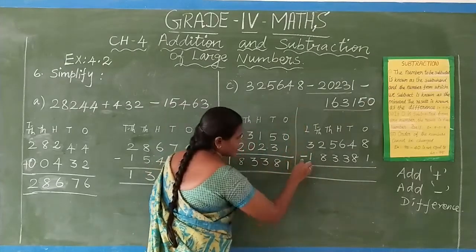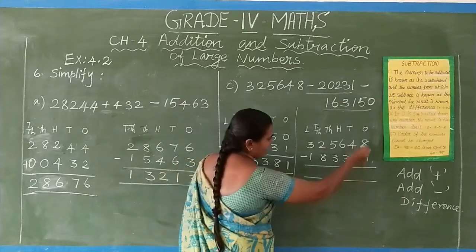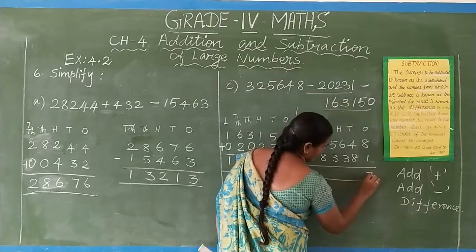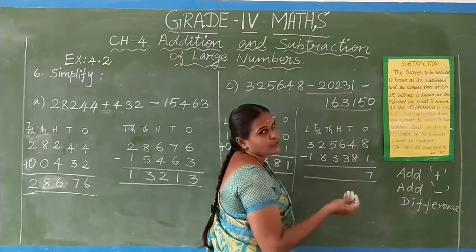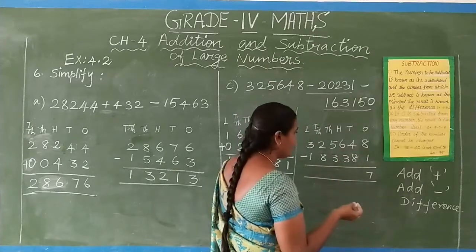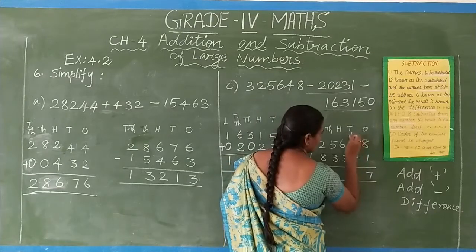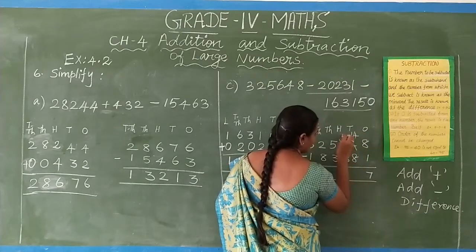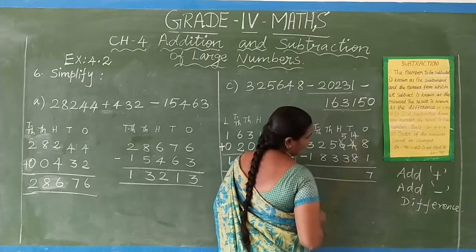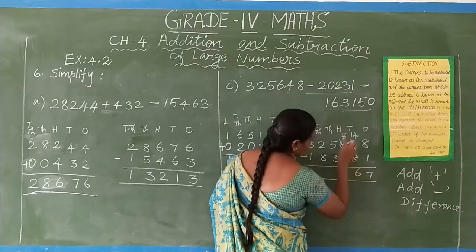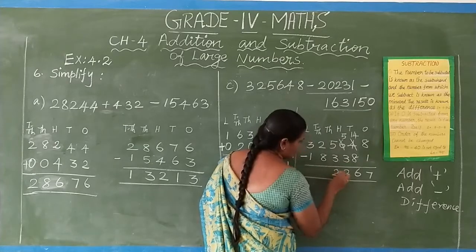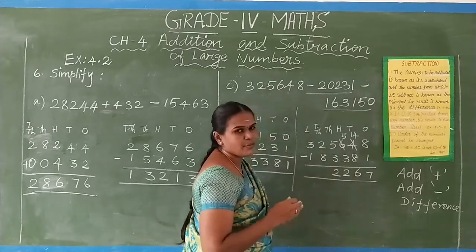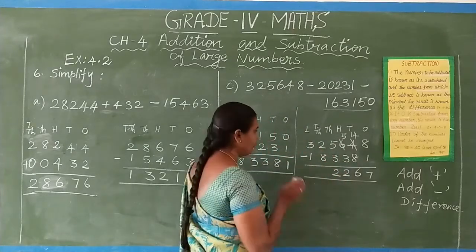Find the difference. So 8 minus 1, 7. 4 minus 8, small number minus big number, we can't do the subtraction, we have to borrow. So this 5 becomes 4 and this becomes 14. 14 minus 8, 6. 5 minus 3, 2. 2 minus 8, small number minus big number, we have to borrow.